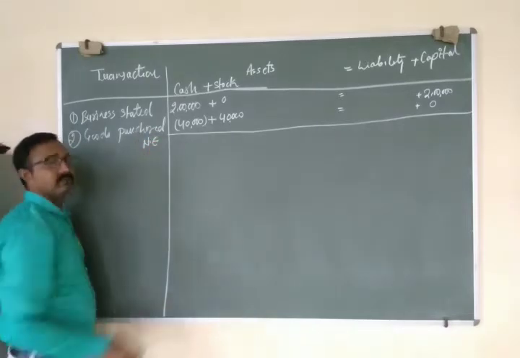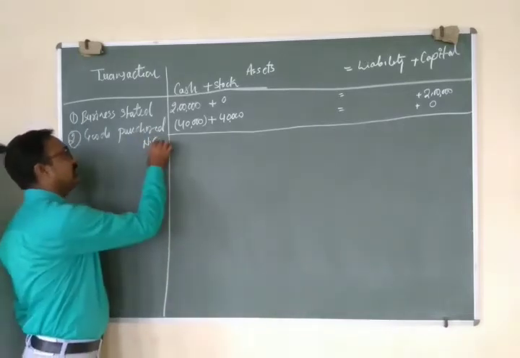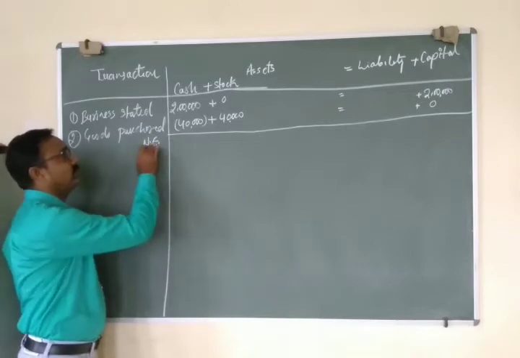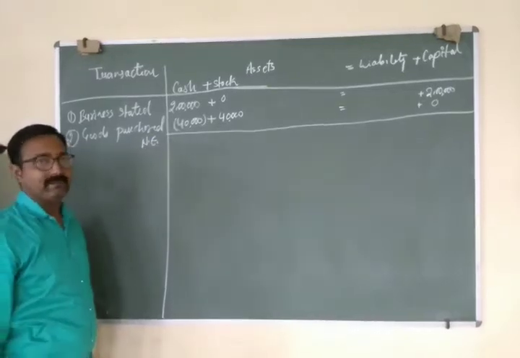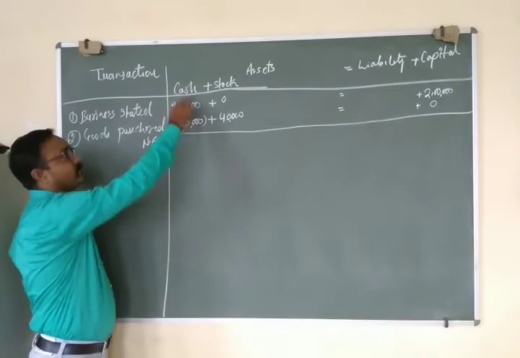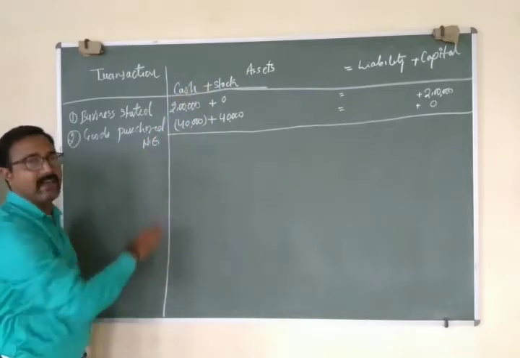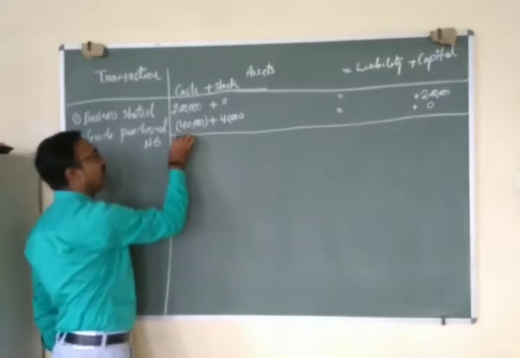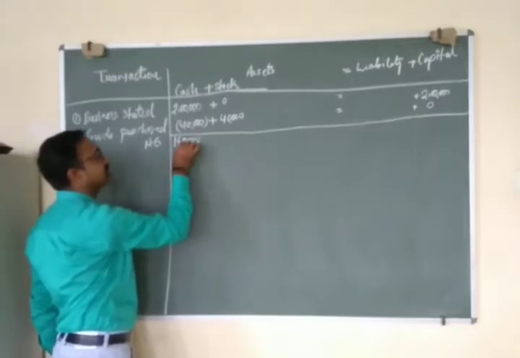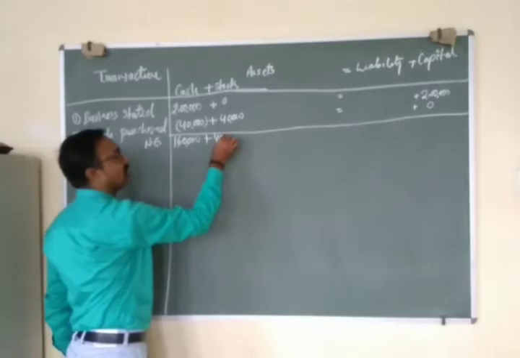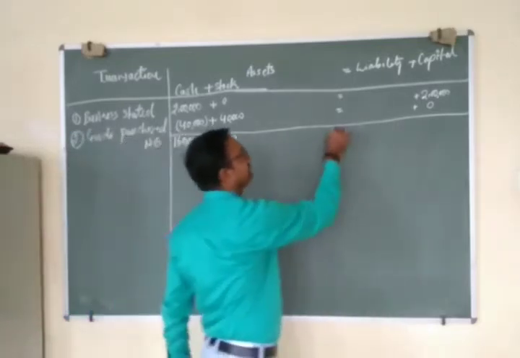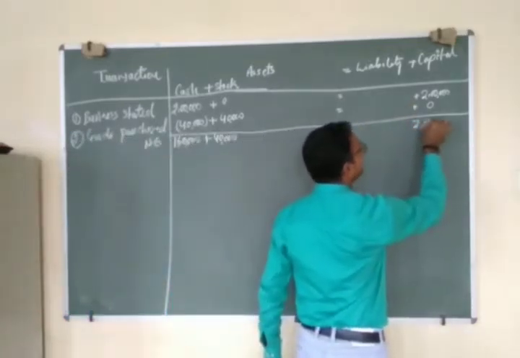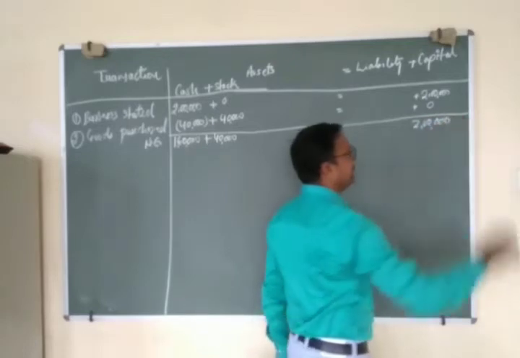Okay, most of the students ask me, sir, why don't we write total here? We can write total, but every time we have to prove our equation. So that's why I write new equation here. So in the new equation we have 1,60,000 here plus 40,000 in the stock, and here we have 2 lakh as capital.